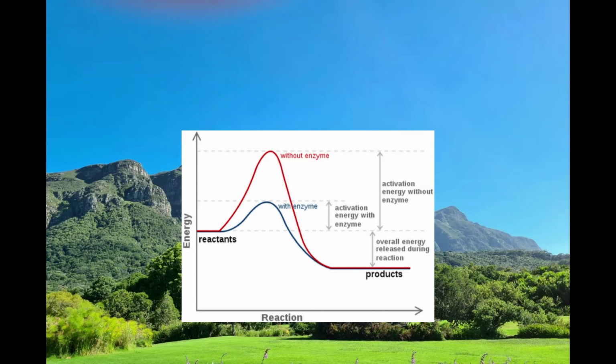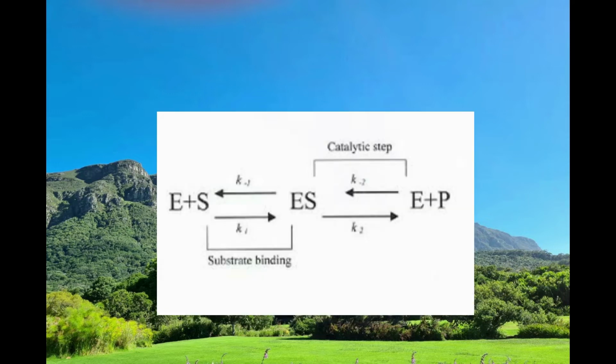That activation energy is shown in the graph. Enzyme eventually breaks down this energy barrier, making the transition of the substrate to product easier. So what is the enzyme actually doing? The enzyme reduces the activation energy.